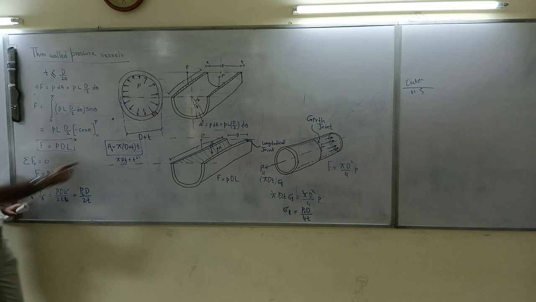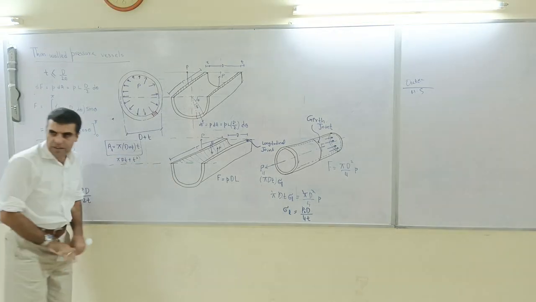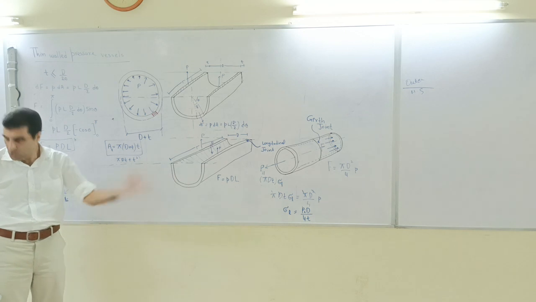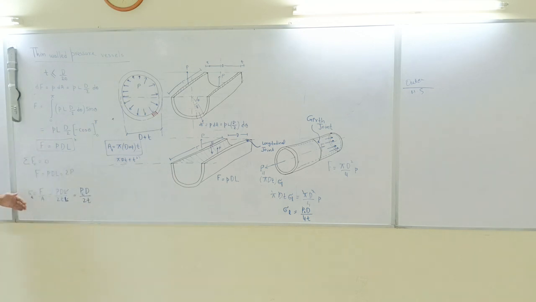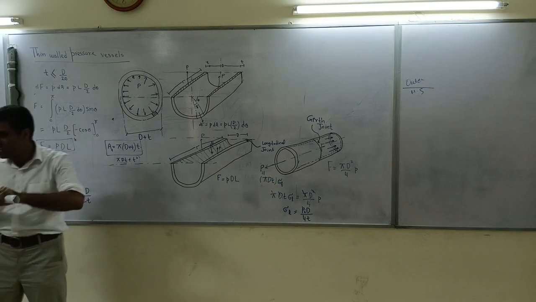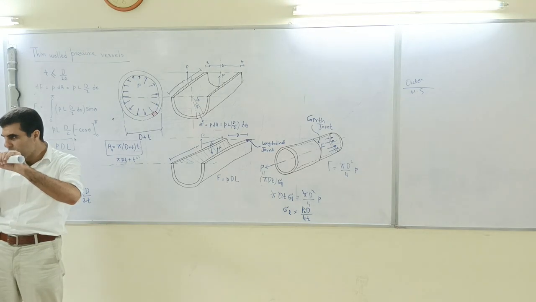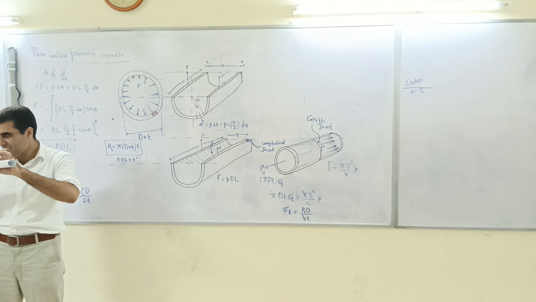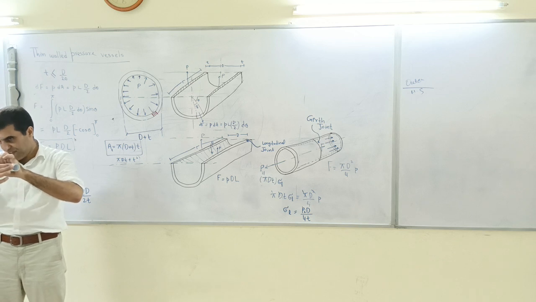Now you know that the longitudinal equation is not critical, because that is giving you less stress. So you will go for the maximum stress. Maximum stress is the tangential. So you will take this stress, multiply that with the thickness of this paper times the length.